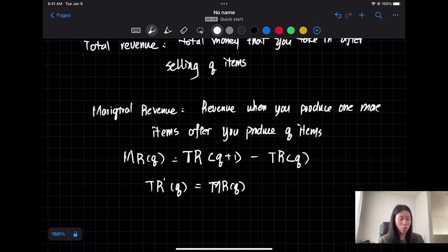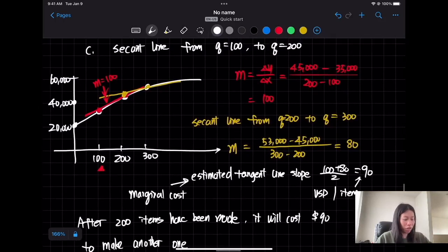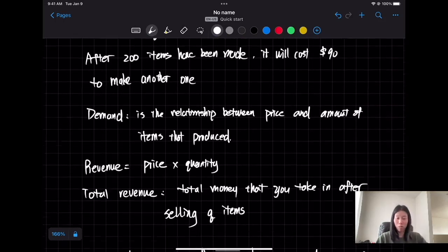Okay, so what is profit? Total profit equals total revenue minus the total cost. But for each item, like in the earlier example we have here, because the production cost is a curved line, maybe your total revenue is also going to be a curved line.